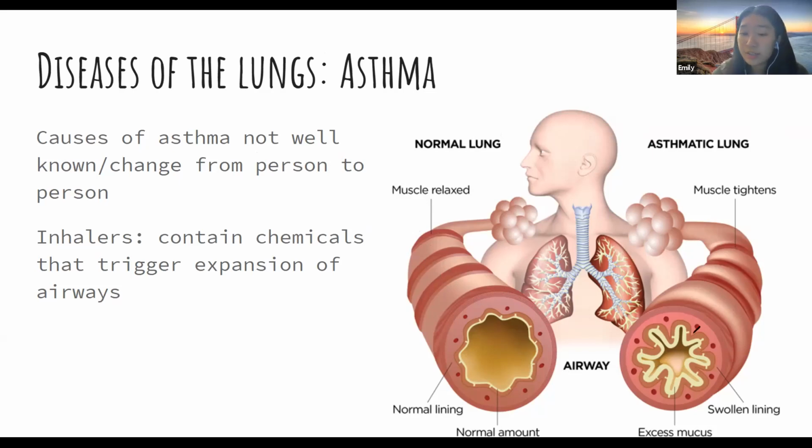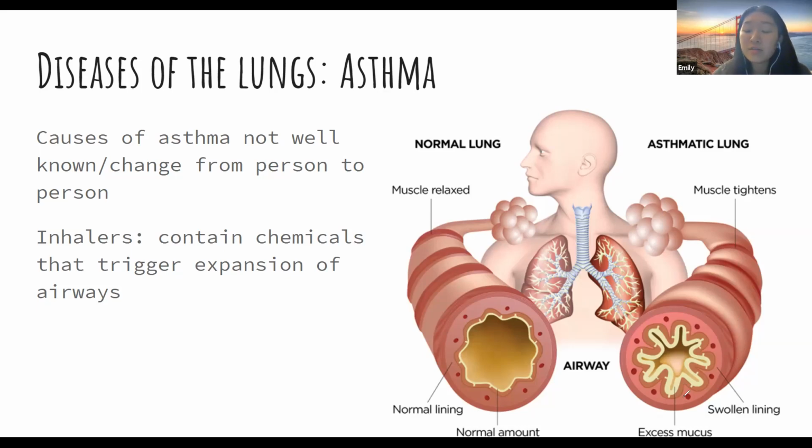In asthma patients though, because of some extreme reactions to particles in your environment or whatever it might be, the causes are not too well established and can change from person to person. This causes your lungs to react in a bad way. So the muscle is going to tighten, it's going to contract, making your airways thinner and swollen because of inflammation.